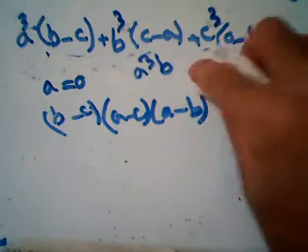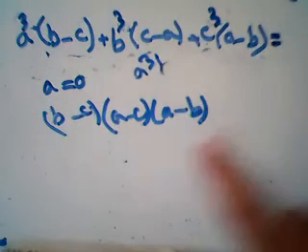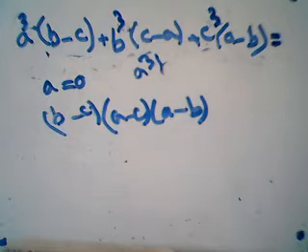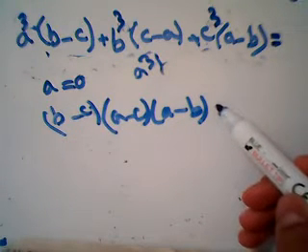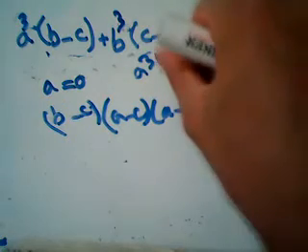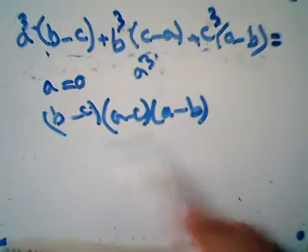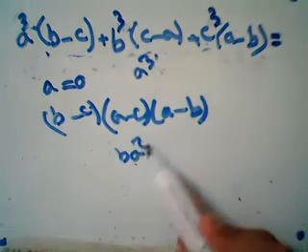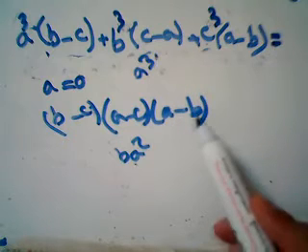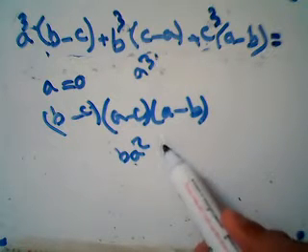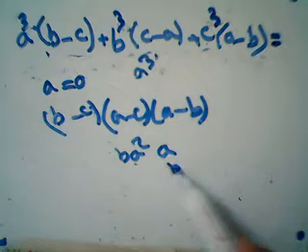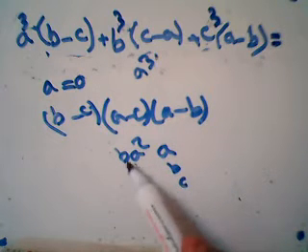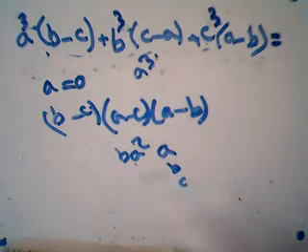But not here. Here the degree of this is 4 and the degree of this is 3. So we should have some, for instance, here we got b a squared. Okay, so the other factor should be a or b or c, so that the degree equals 4.